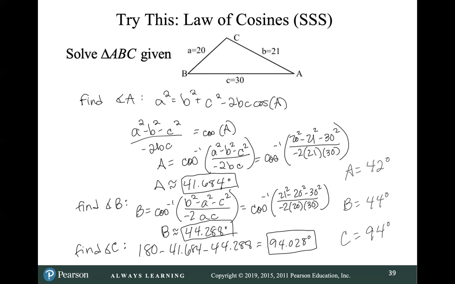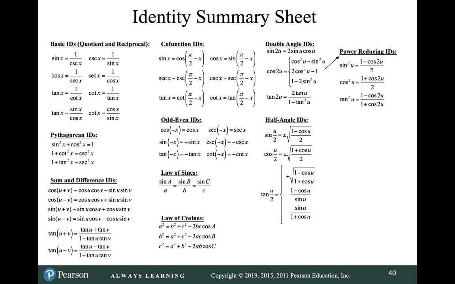Okay. That is it for this section. The other document that I posted on Blackbaud is the identity summary sheet. Now you should have most of these already handwritten. It's important to write them out by hand so that you can get more familiar with the patterns, but I put them all here so that they're all in one place, so that you can go through your identity summary sheet and make sure that they are correct.